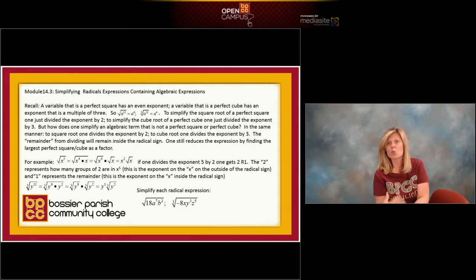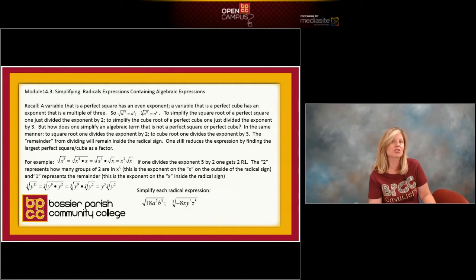What would be the biggest even exponent in x to the 5th? It would be x to the 4th. So I could rewrite the square root of x to the 5th as the square root of x to the 4th times x. Everybody agree? X to the 4th times x is x to the 5th, and 4 is the biggest even number in 5.